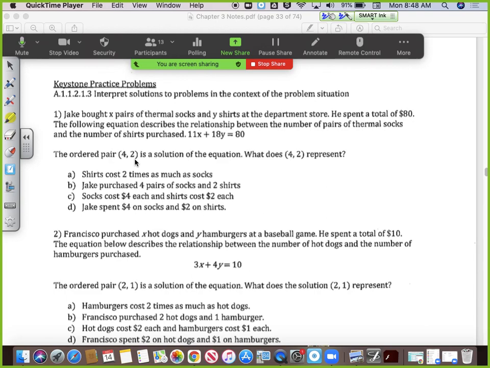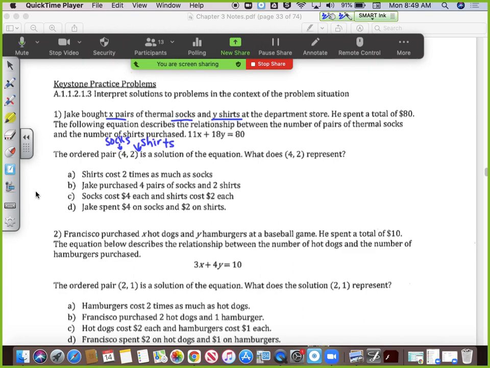It's important to realize X is about socks and Y is about shirts. So when I'm looking at this ordered pair, 4 is going to represent socks and 2 is going to represent shirts.